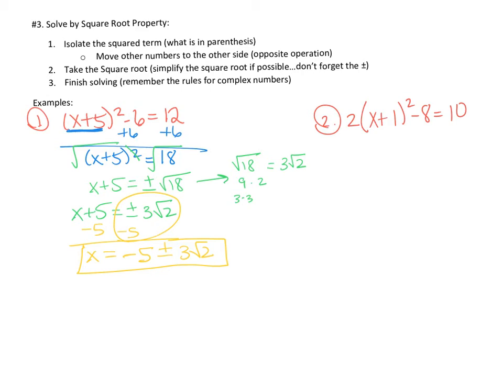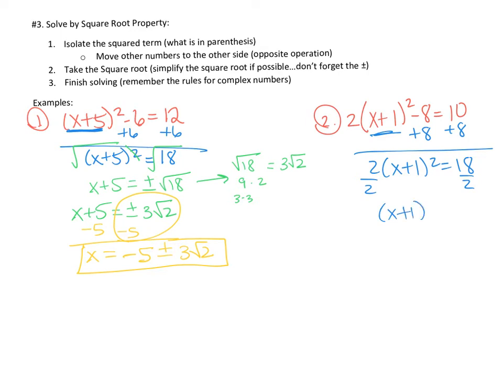So instead of setting it to 0, I'm going to isolate that set of parentheses. I need to get rid of the 8 and the 2. First thing I'm going to do is add that 8 to the other side. Then I'm going to go ahead and divide by that 2. So I'm going to have x plus 1 squared equals 9.